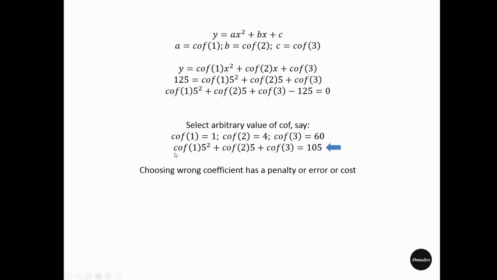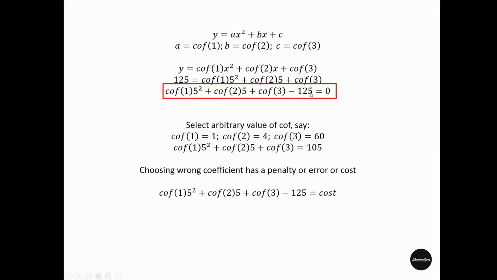Whereas if we had made the right guess, or if we had already known these coefficients, this value would have been 125. So making a wrong guess of the coefficients has a penalty or an error, or we can call it the cost of our mistake.